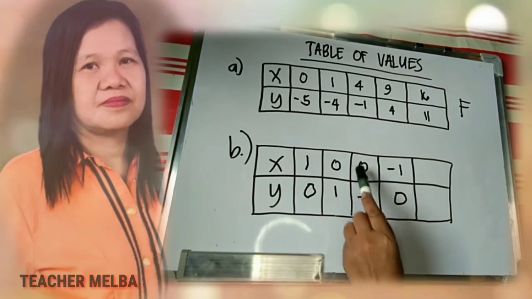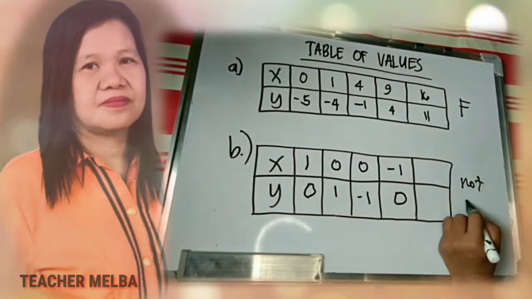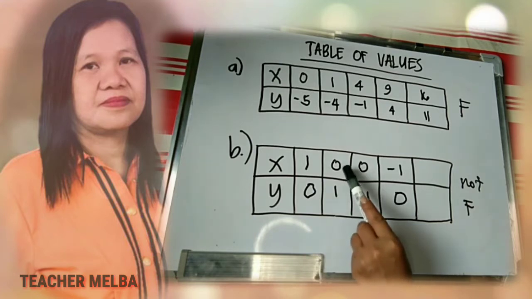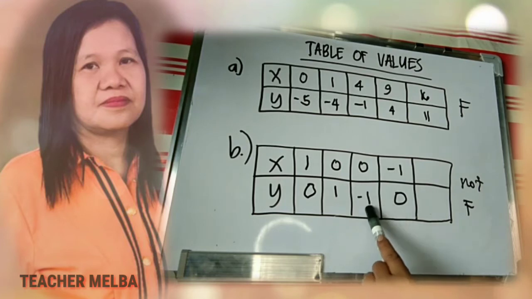Table B is not a function because there are two pairs in the table of values with the same first element. The 0, 1, and then 0, negative 1.